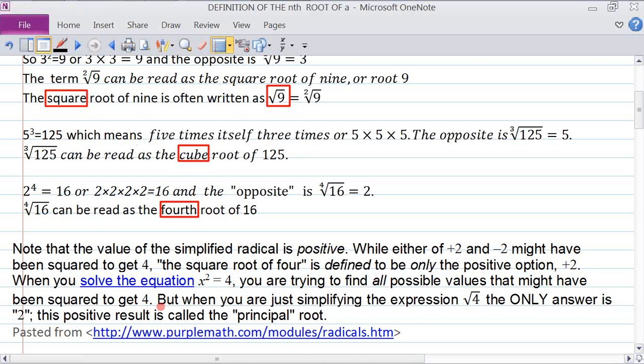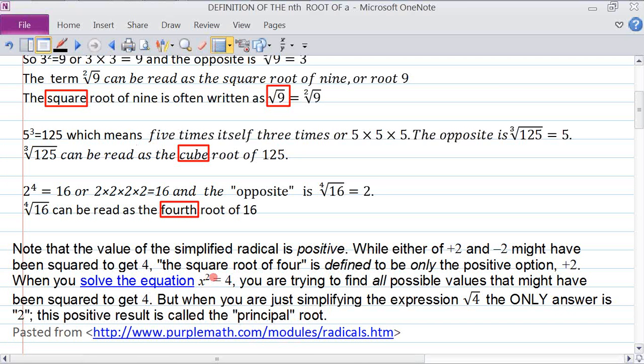So you could use plus 2 and minus 2. But when you are simplifying this expression here, the only answer is 2. This positive result is called the principal root.